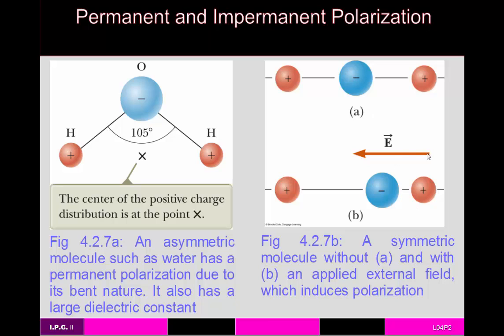Now you apply an E field, an external E field, to this system, and what's going to happen? Well, the negatively charged atom is going to get pulled against the field line. The two positively charged atoms in the molecule are going to get pulled with the field line. And so the molecule sort of distorts itself to look like this, so that these two are very close together.